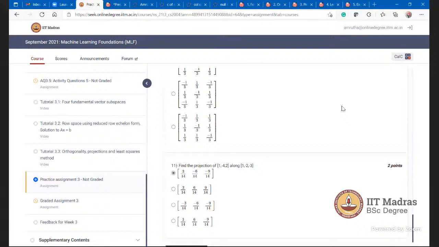In machine learning foundations, we mainly focus on making the concepts clear so that it will be easy for you when you go for machine learning techniques and practice. There you will not be solving such problems based on the basics. To work with high dimensional data, we need this background knowledge.